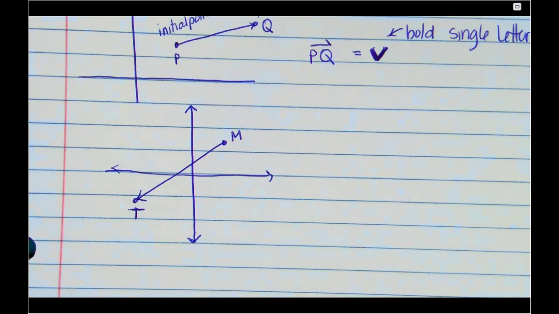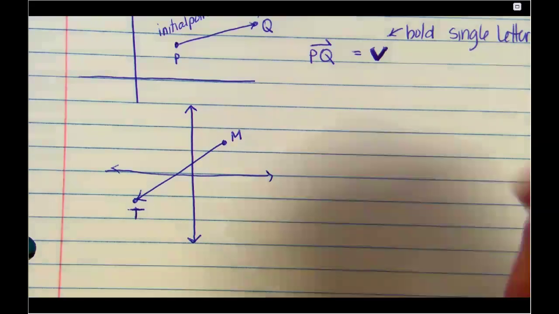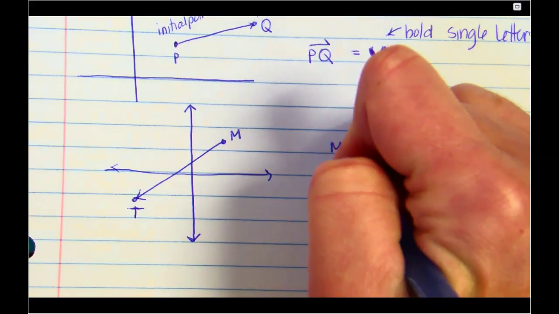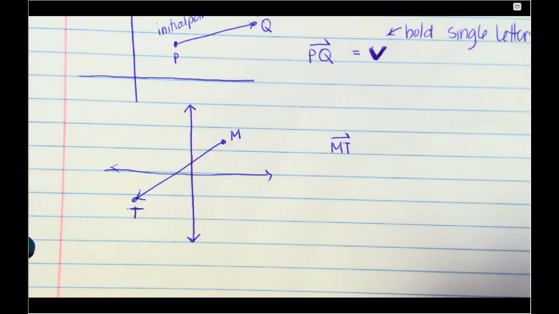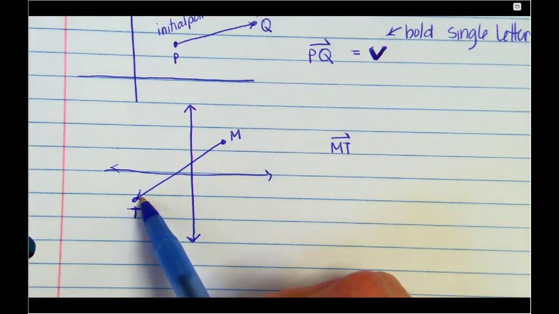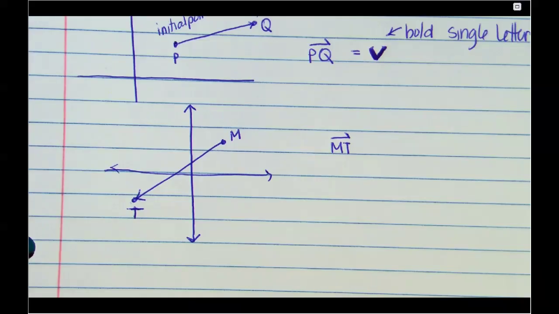Just to make sure that we are all speaking the same language here, that you understand what I'm talking about. Okay. What are you naming him? Yeah, he's got to be MT with the line over, because he starts at M and ends at T, hence the arrow, right? So MT.